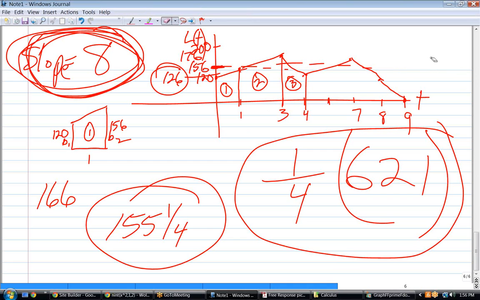If we had integrated the whole thing from 0 to 9, then we would have had the average value over the whole thing. But that's the way average value works: you take the area under the curve and divide it by b minus a.